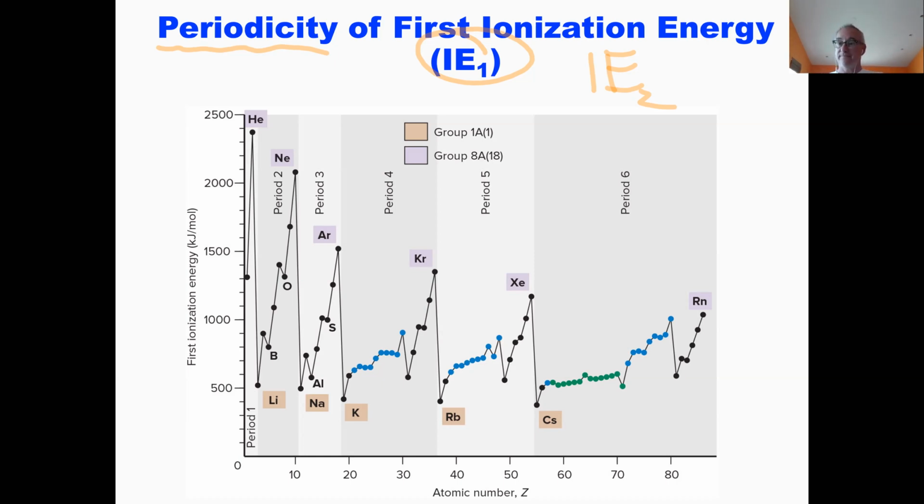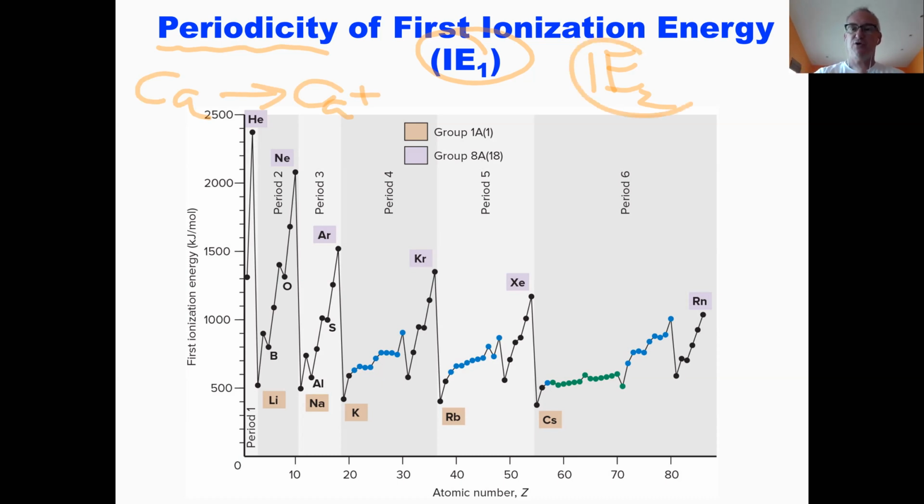Yes, right. That's right. It's the energy required to remove the first electron. So it's basically the energy going from having a calcium atom and forming calcium 1+. It's that amount of energy to take that first electron away.